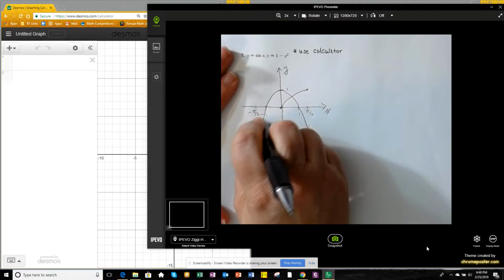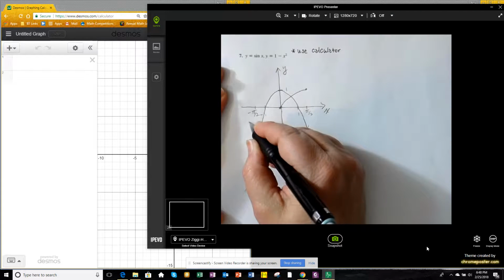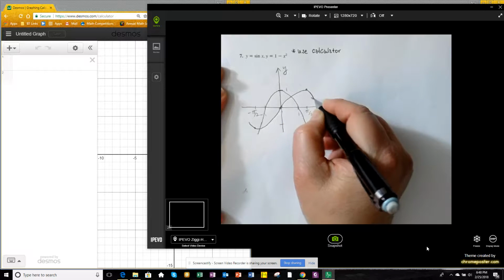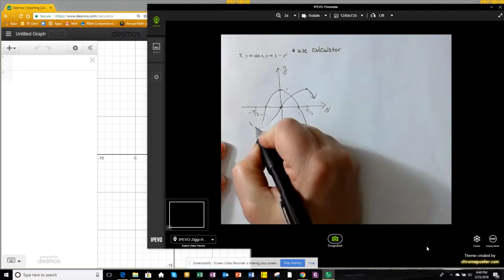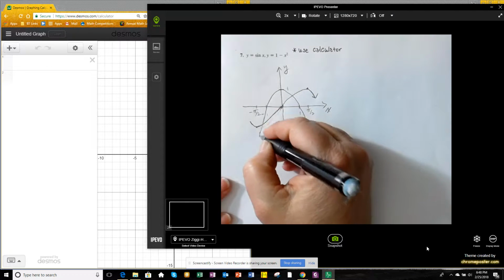And so the sine curve is doing this. Well, not quite that. Let me do it right here. Trying to be a perfectionist on camera is not always a good plan.